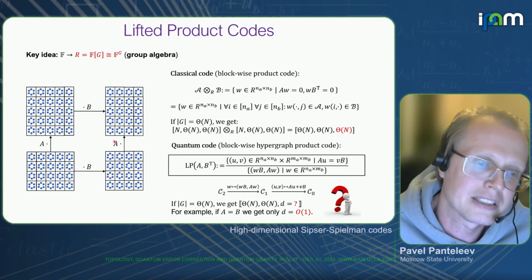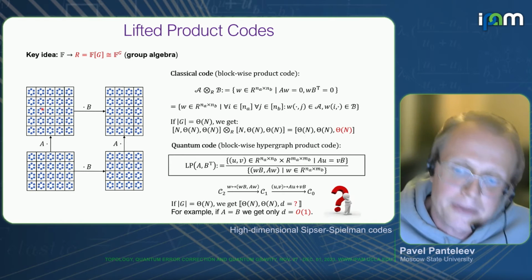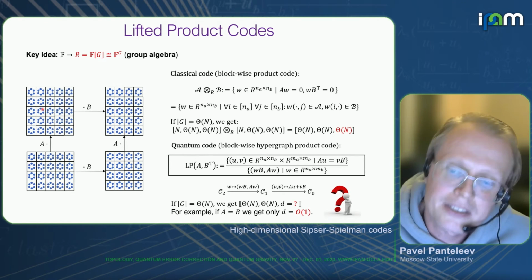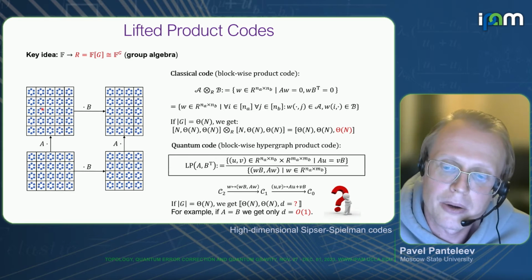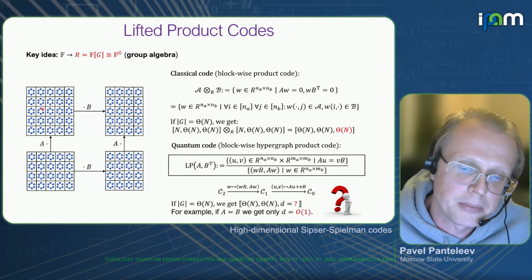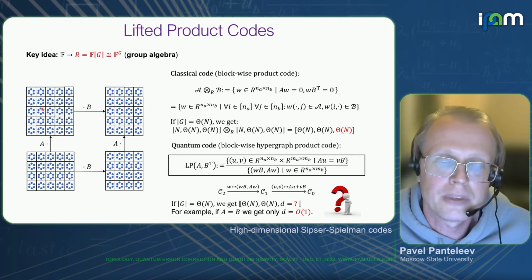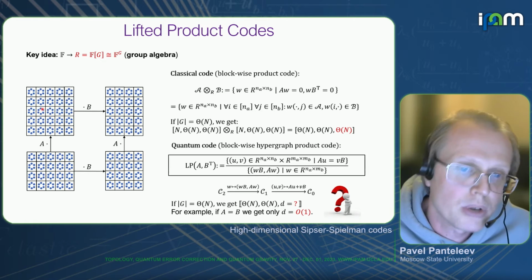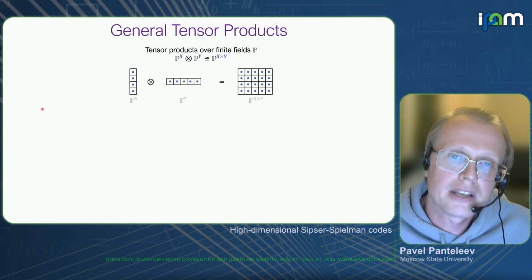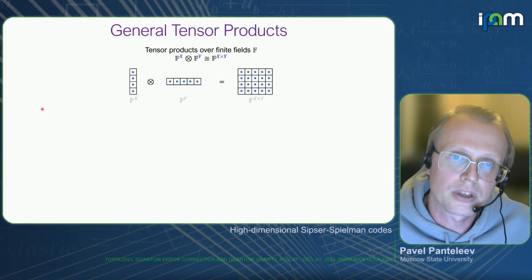We just count the number of checks and compare it with the number of qubits. But for the distance, unfortunately, we cannot do this in such a simple way. In order to obtain codes with very large distance, we need something different, some new idea. And actually, this new idea is related to my talk today.